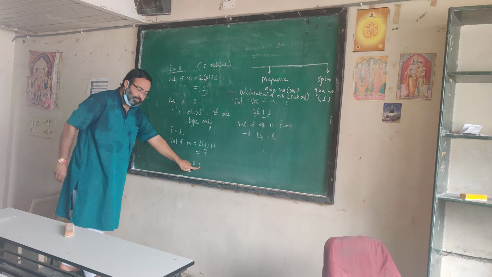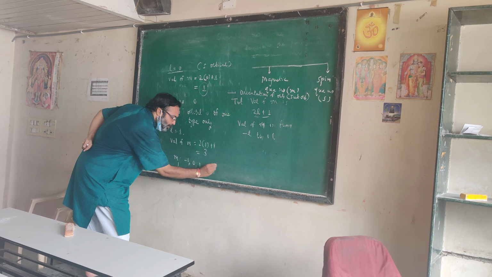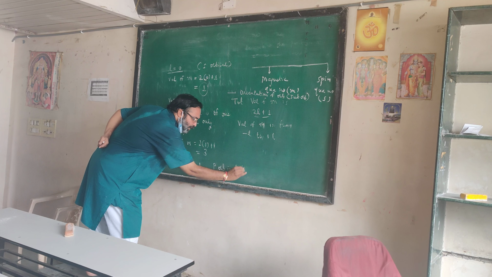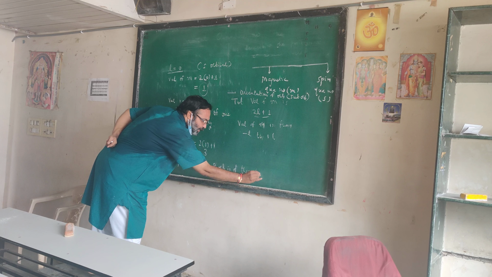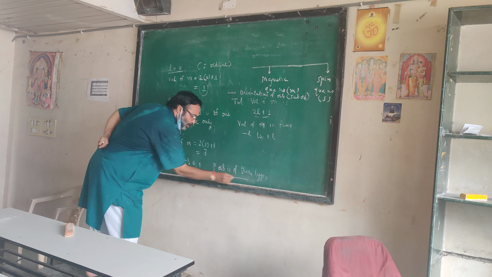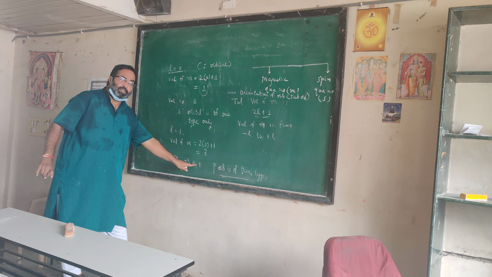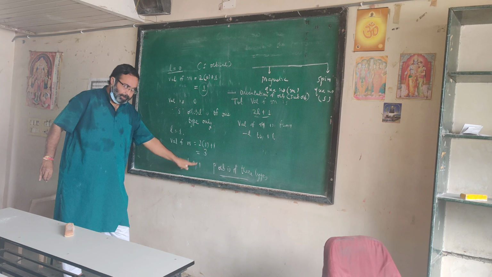There are 3 values for m. So the p orbital is of 3 types, or the p orbital has 3 suborbitals, because the m values are 3.